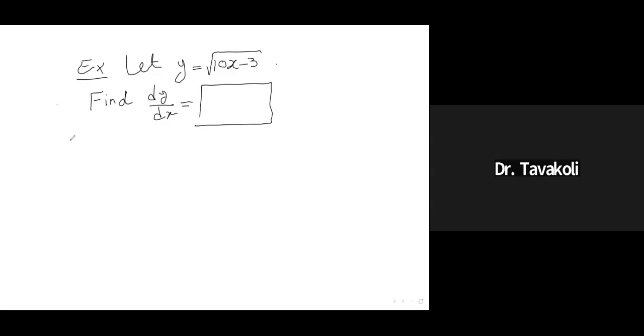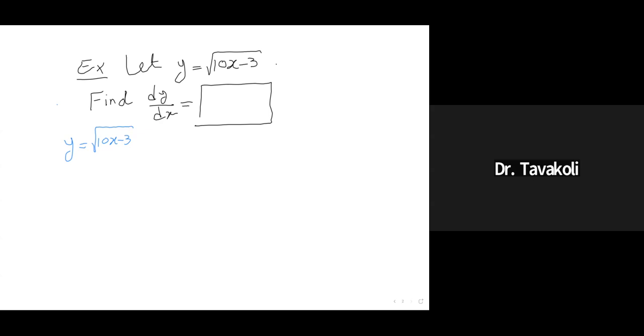So for this function, y equals radical of 10x minus 3. That's a given function. The complication comes from the fact that under the radical, we don't have just a variable. We have a function of the variable, the 10x minus 3.